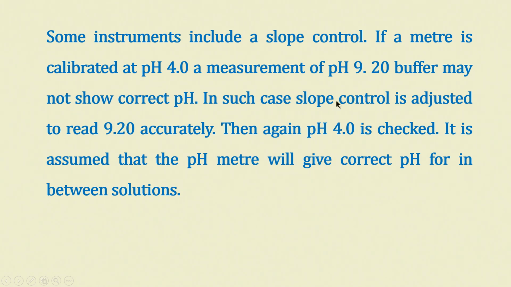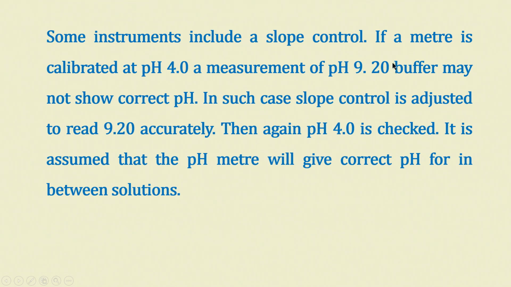So, if I adjust the slope to the RT by NF value, then it is adjusted in such a way that a pH 9.2 buffer should be read correctly as 9.2. That means 9.2 means 9.20. Here also it must read 9.20, not 9.3 or 9.4 or 9.1, but 9.20.